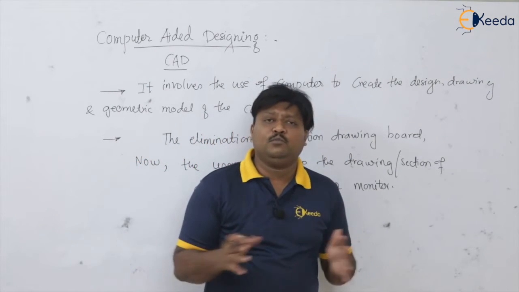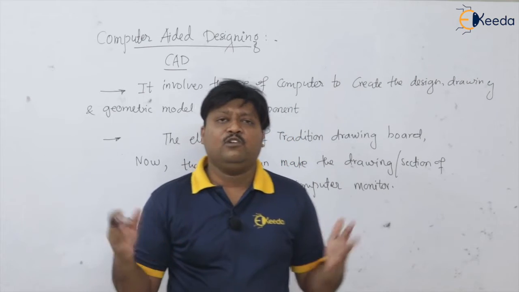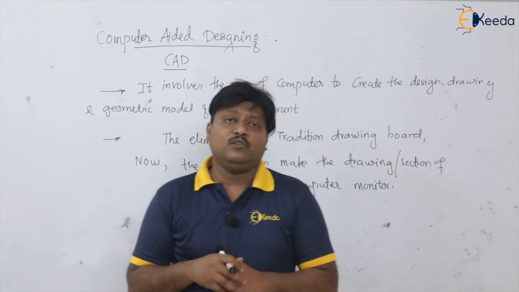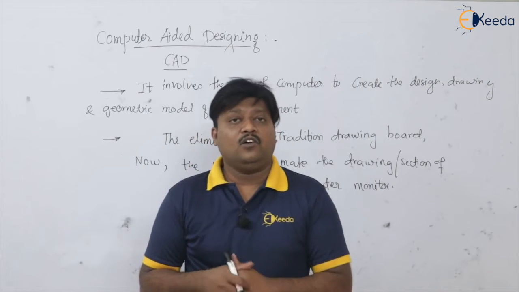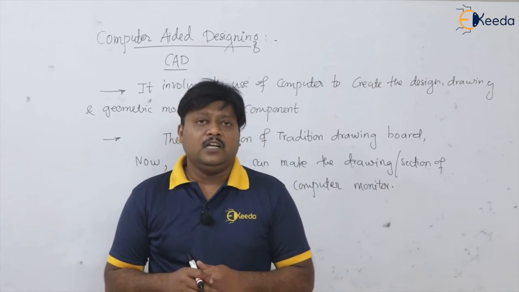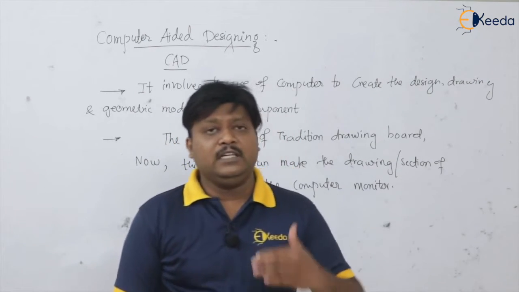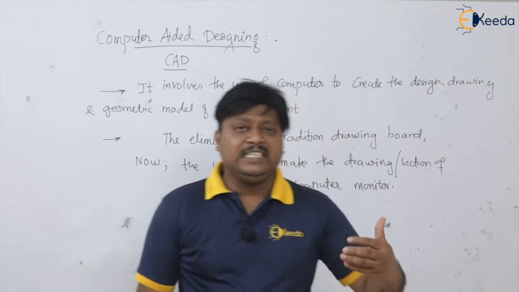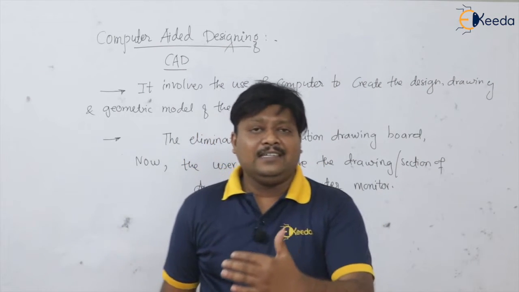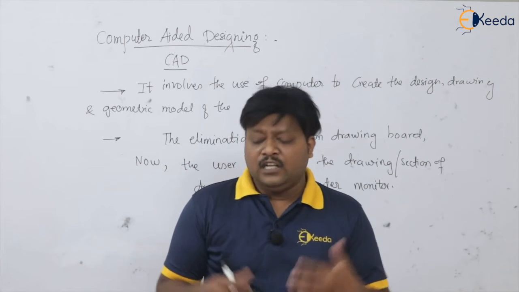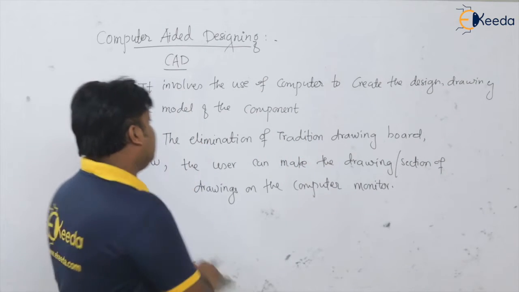So there is involvement of the computer for designing, drawing and making the geometric models of the parts of the components. If you really want to compare between the traditional designing and the computer aided designing, let us discuss one example.